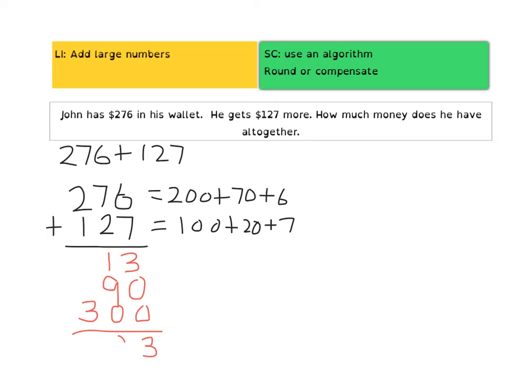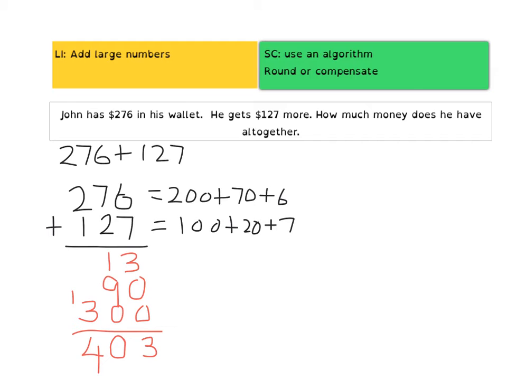So I put the 0 here and I carry the 1 because it's 100, and add 100 plus 300 is 403. This method here, this recording method, is called the long written form.